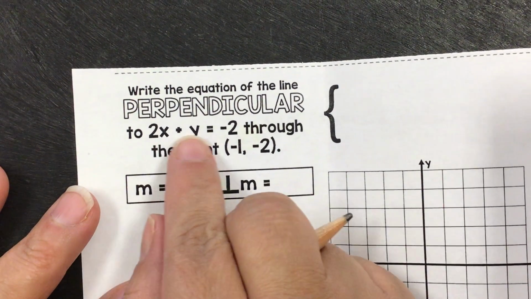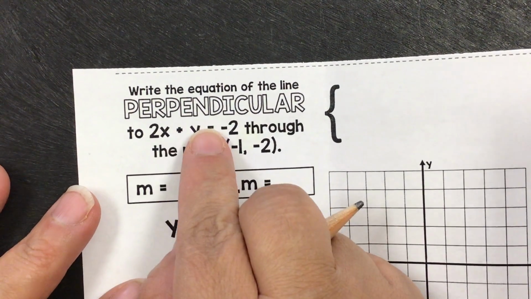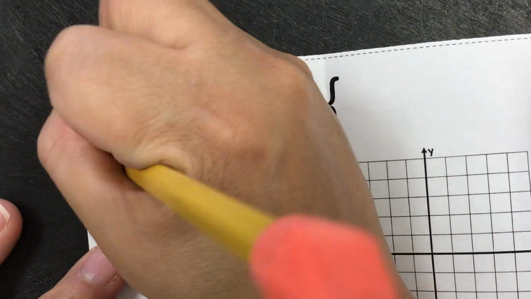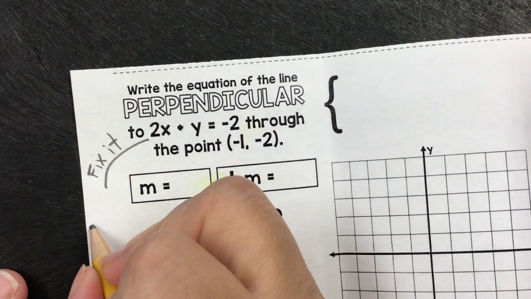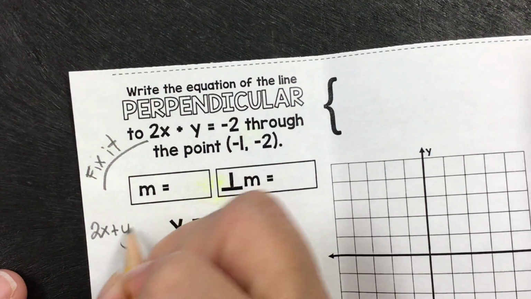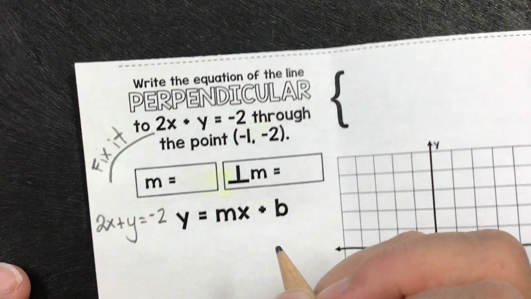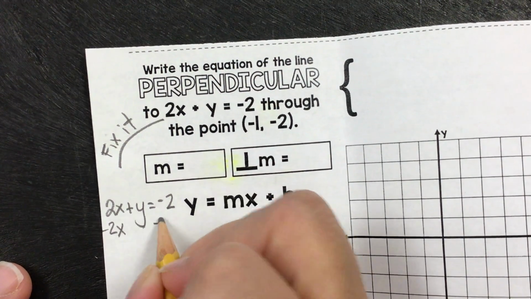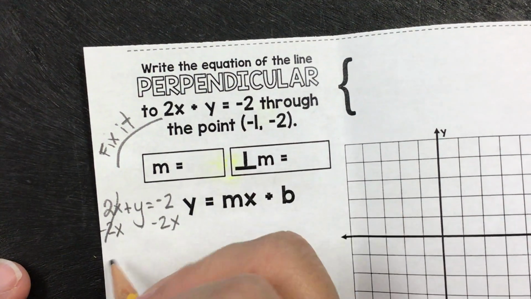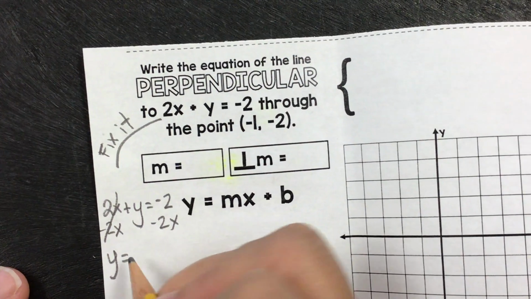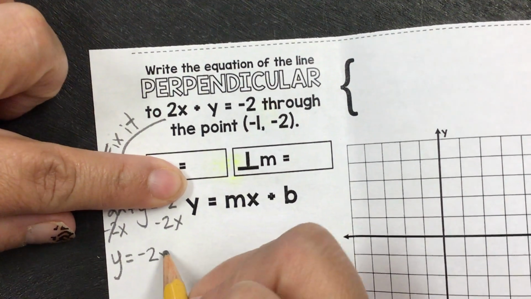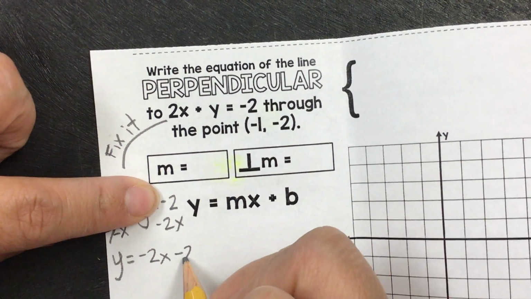With this one, we cannot tell what is the slope. We have to put it in the correct form, which is y is equal to mx plus b. So we first have to fix it. I'm going to write 2x plus y is equal to negative 2. We're going to subtract the 2x. I'm left with y is equal to, remember the one with the x is the one that goes first, negative 2x, and then minus 2.